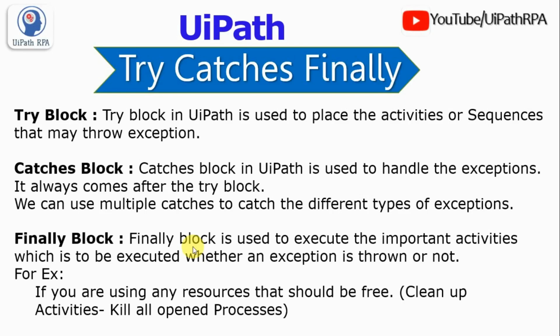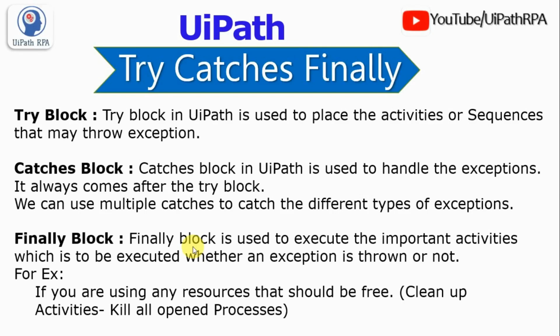It means whether you are getting an error or not, your finally block will be executed. If you put any activities in that finally block, those steps will be executed.